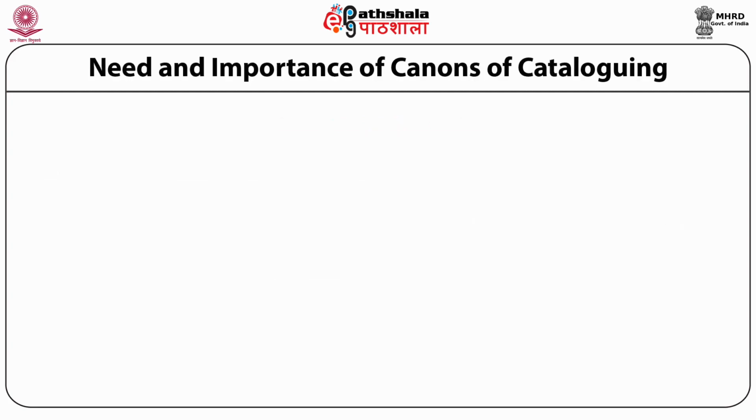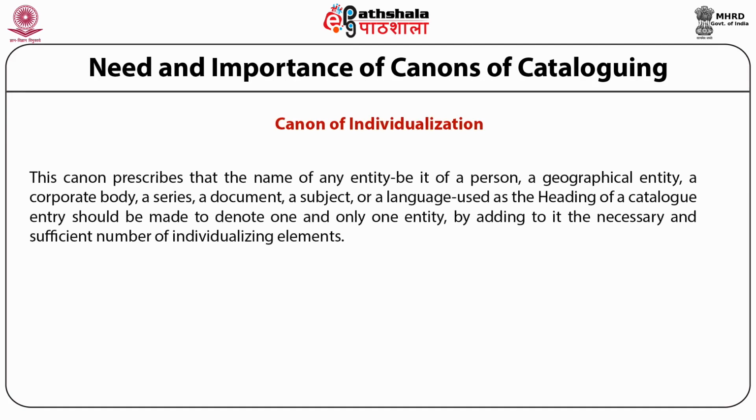Third canon is Canon of Individualization. This canon prescribes that the name of any entry, be it a person, a geographical entity, a corporate body, a series, a document, a subject, or a language, used as the heading of a catalog entry should be made to denote one and only one entity by adding to it the necessary and sufficient number of individualizing elements.